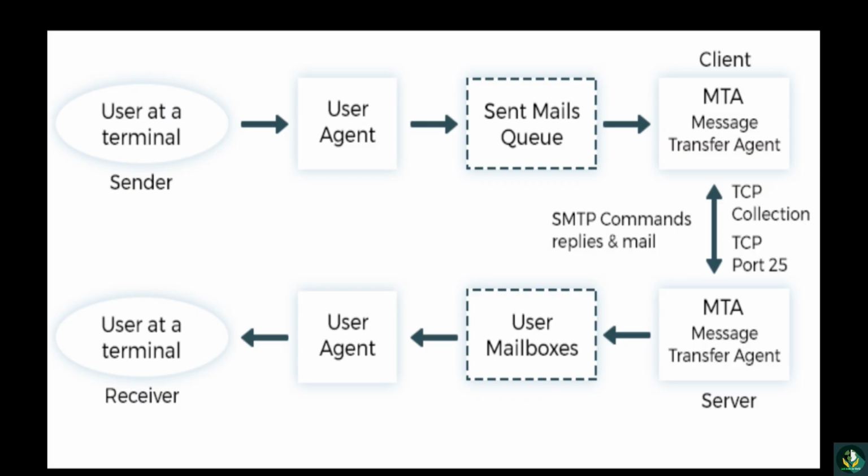How SMTP email works: the sender, a terminal, user agent, sends mail to a message transfer agent, which is the client, then connected over a TCP connection, then to the MTA server, then the user mailbox, user agent, and the receiver's user terminal. So have a look at the diagram to see how the whole process works.